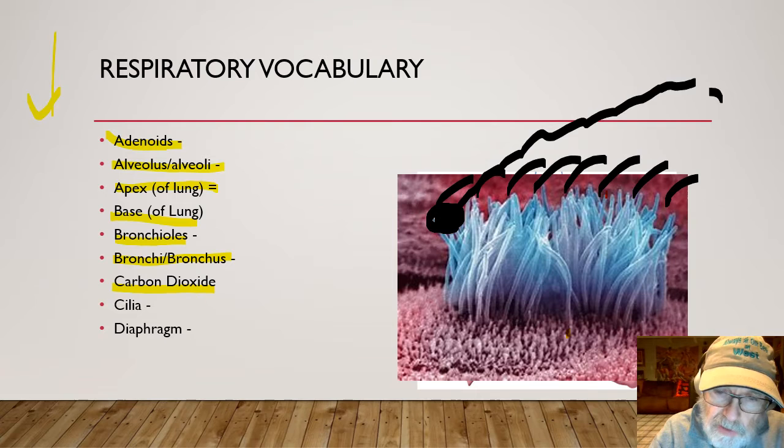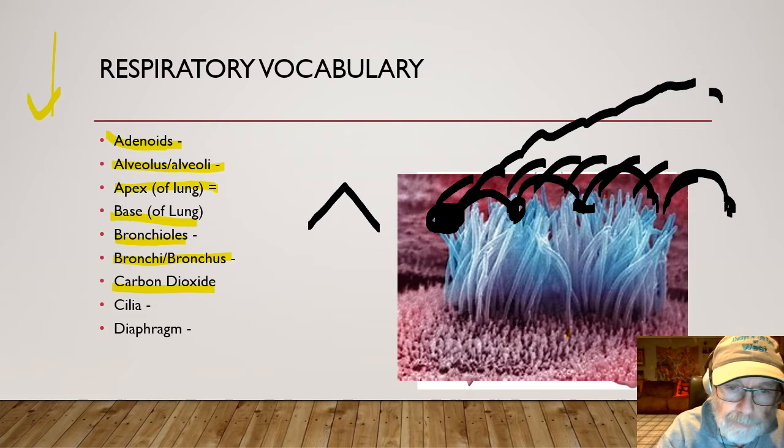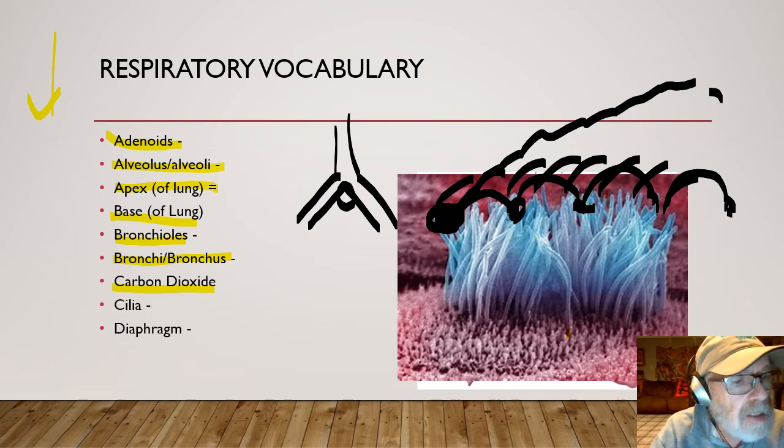The cilia here transport that particle to here, which then transports that particle to here, and so on. Eventually, they go all the way up to the area of the carina, and in the area of the carina, there are specialized cells that produce what's called a cough reflex.